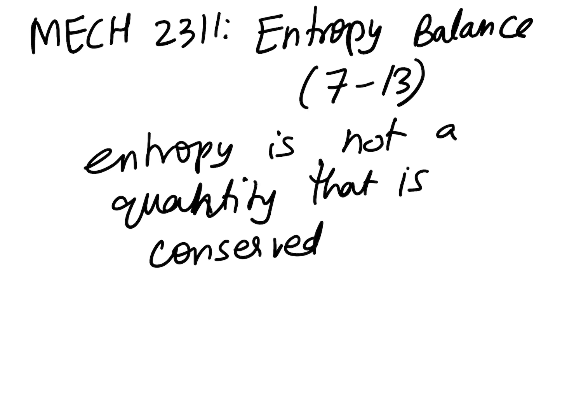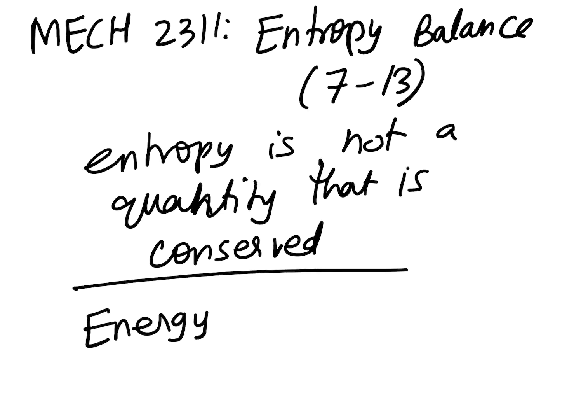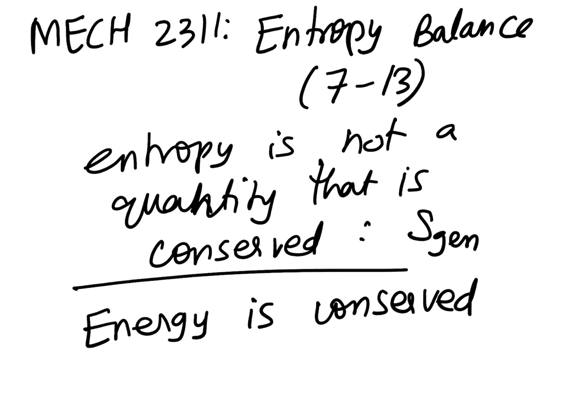If you start with x joules of energy, at the end of the process, you will still have the same x joules of energy, although the form might have changed from heat to work or work to heat, internal energy to work, and so on. Entropy, on the other hand, is not a quantity that is conserved. We saw that the entropy generation term is always 0 or more than 0 for any process that takes place.